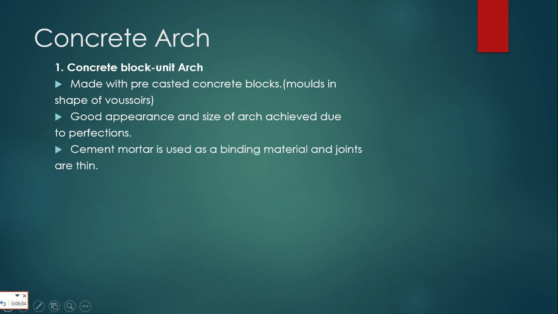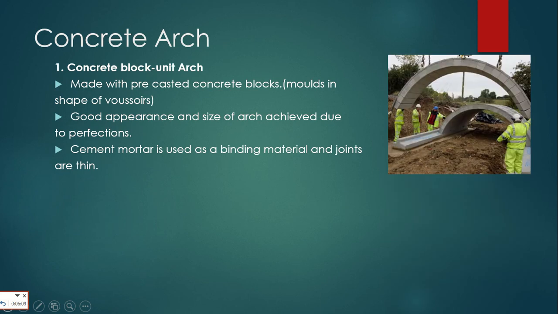Cement mortar is used as a binding material and joints are very thin. So here we can get the picture of concrete block unit arch, where the arch is already constructed and it can be laid wherever it is required to be placed.